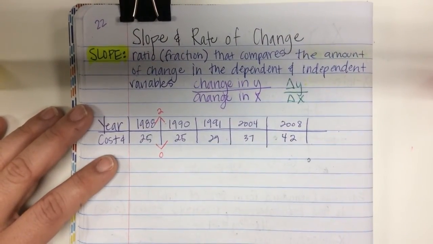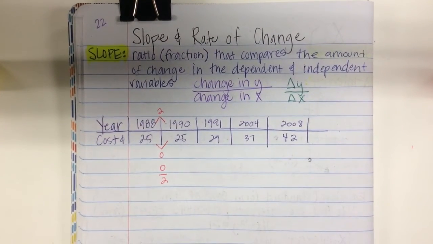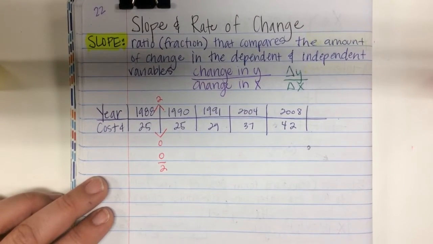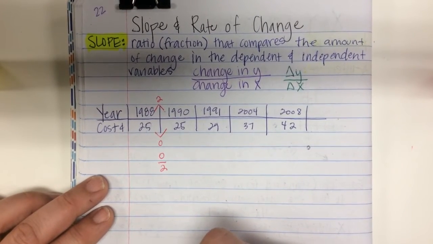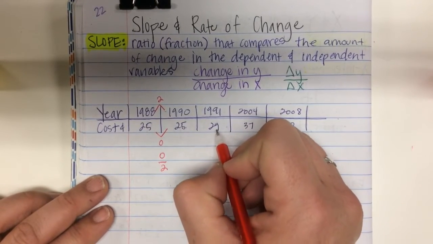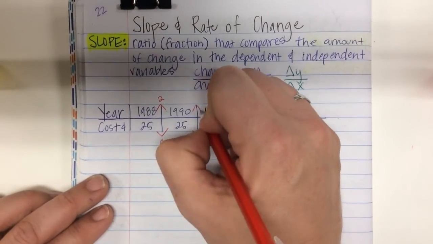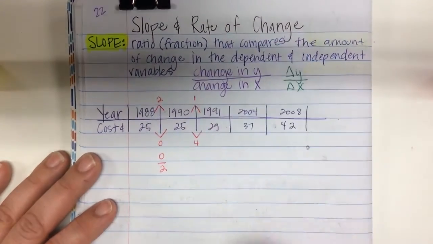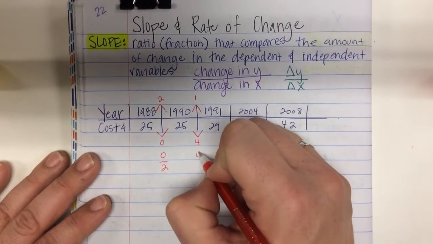So my slope would be 0 over 2. What's the change from 25 to 29? 4. And what's the change from 1990 to 1991? 1. So my slope, my change in y over change in x, is 4 over 1.